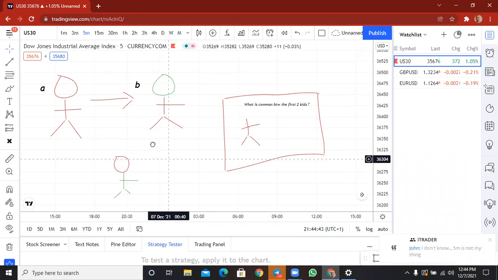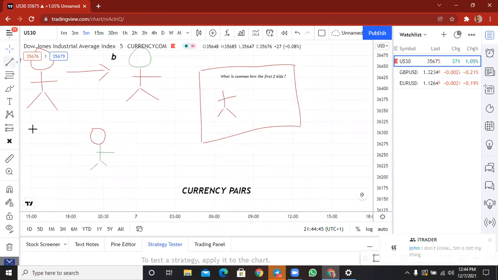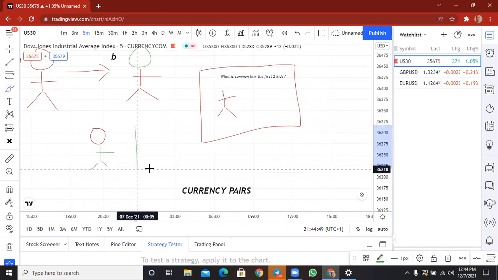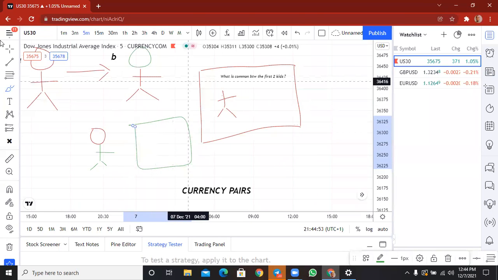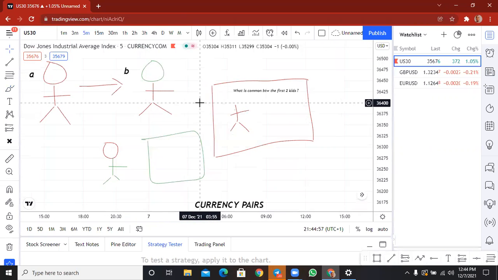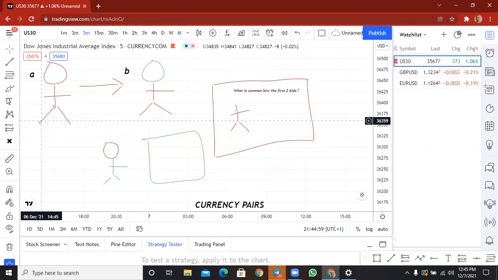All right, so we're going to do a simple one. I'm going to draw the box. Beautiful. So what's common between A and C?